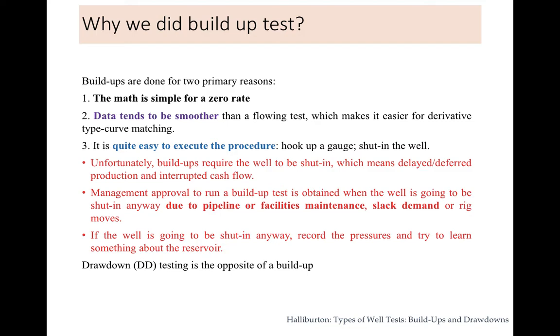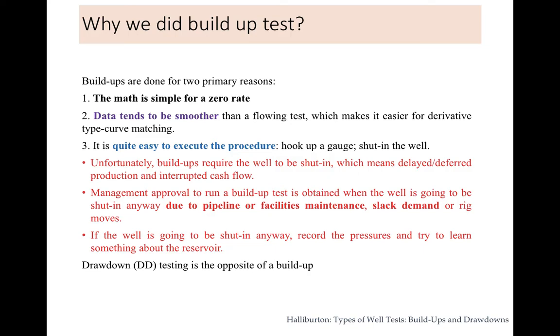Number two, the reason which makes the build-up test quite useful for us is that the data tends to be very smooth, because we have just zeroed one of the parameters, which is rate, and therefore what is coming is only pressure, which is recorded with time. Therefore the smoothness of the data is very good, particularly in a build-up test.